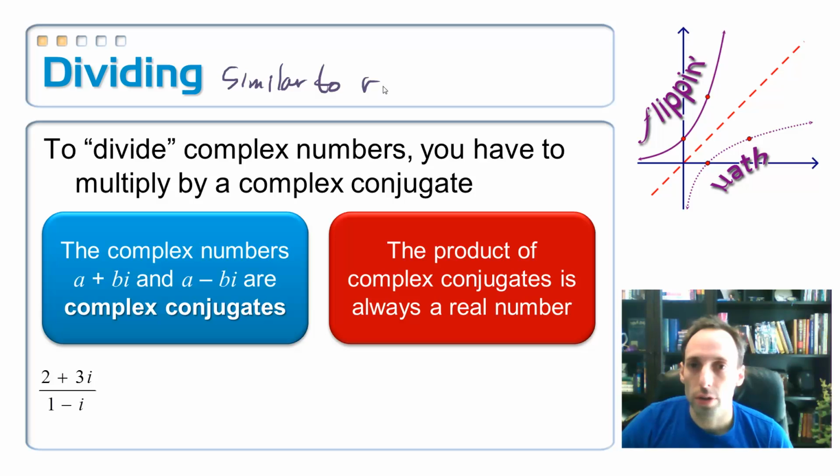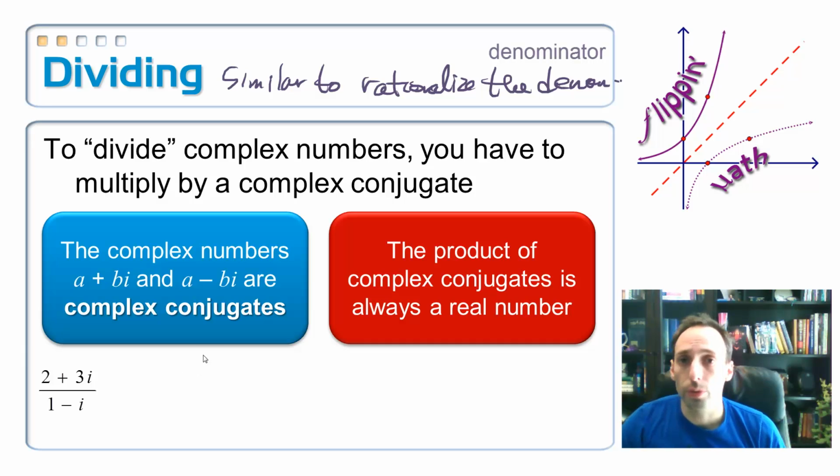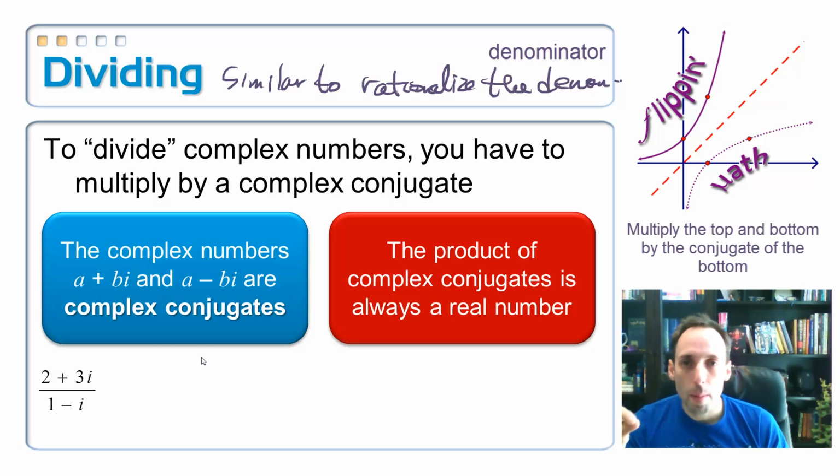So the way that this is going to go whenever I divide these things is very similar to rationalizing the denominator. And when we rationalize the denominator, we always multiply the top and the bottom by the conjugate of the bottom. Do the same thing here. You're going to multiply the top and the bottom of this by the conjugate of the bottom.